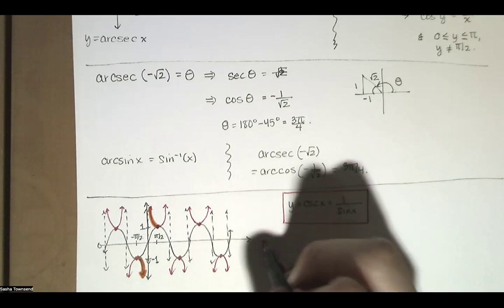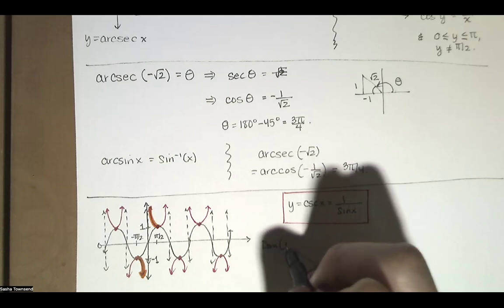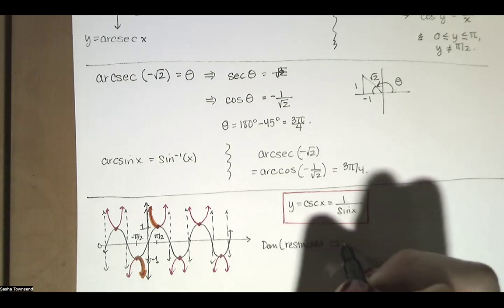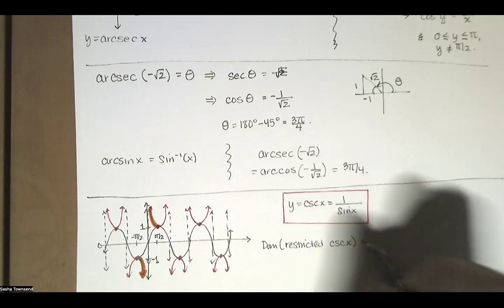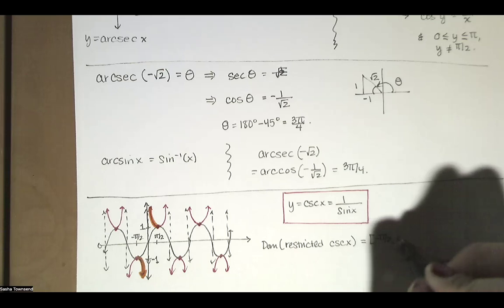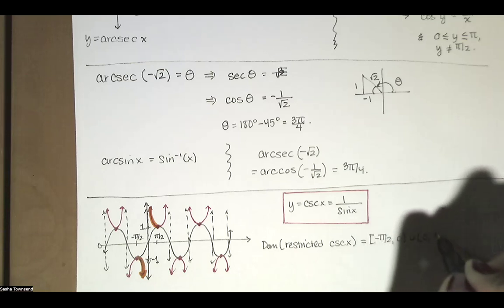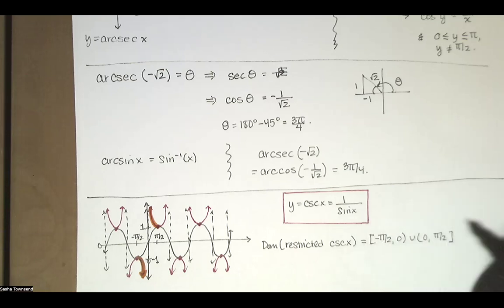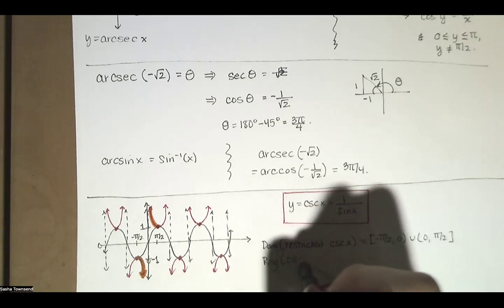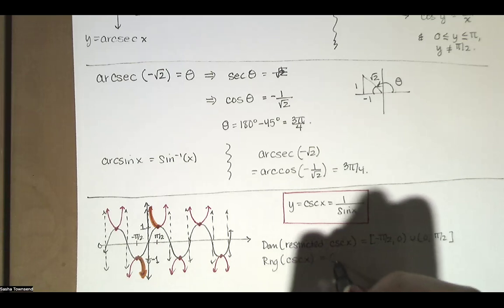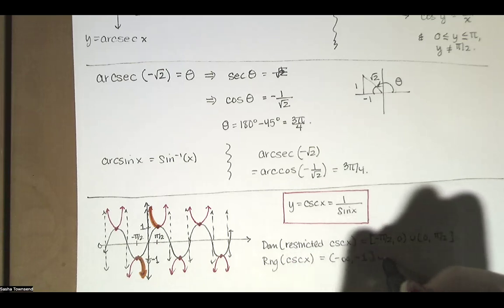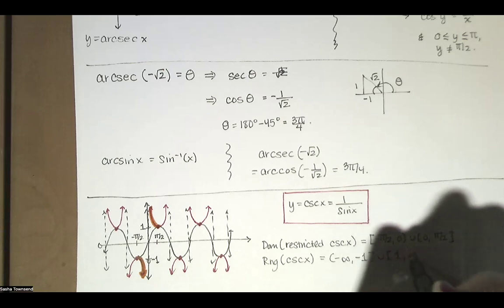The domain of the restricted cosecant function is negative pi over 2 to 0, union 0 to pi over 2. And the range of that cosecant is still negative infinity to negative 1, union 1 to infinity.